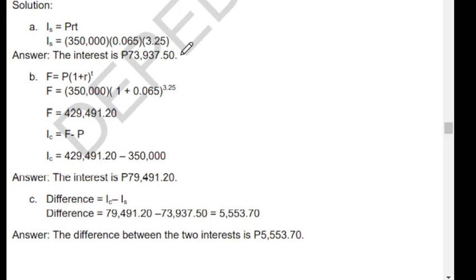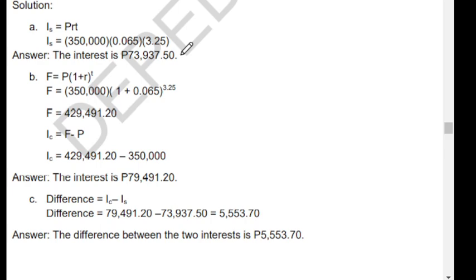But when we find the compound interest, we have 350,000 times 1 plus 0.065 exponent 3.25. So the answer is 429,491.20.